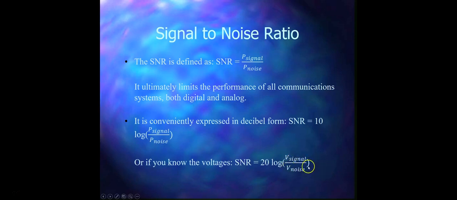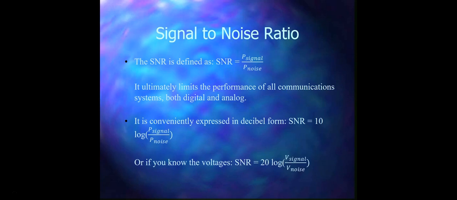So that square can be multiplied in the front. So 2 cross 10 is 20, and that's why you got 20 log V signal by V noise. We will do a couple of problems based on this formula after this lecture.